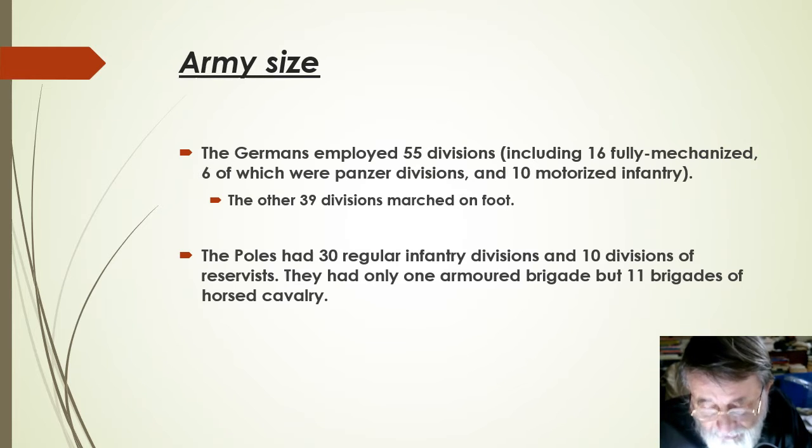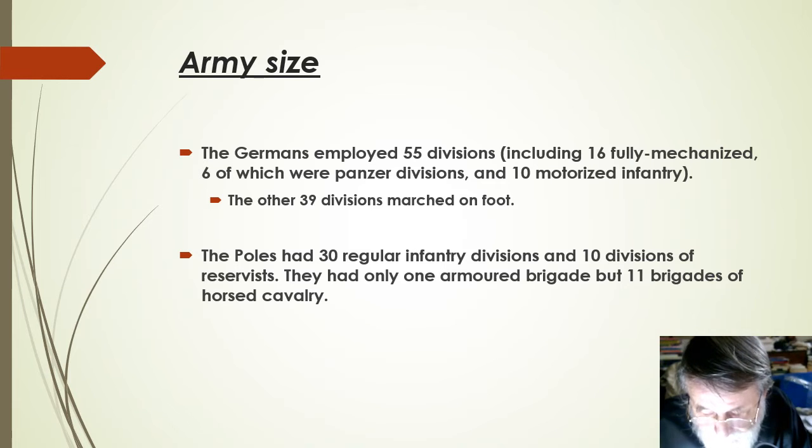In terms of army size, the basic point is that the Germans outnumbered the Poles. They had better trained troops, they had more modern weaponry, and the Poles, even at the best of times, would have had difficulty resisting them. The Germans employed a total of 55 divisions.